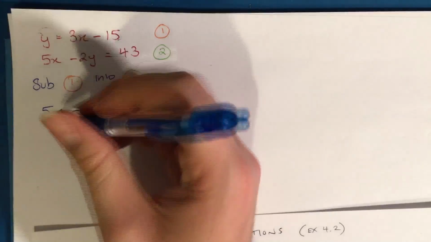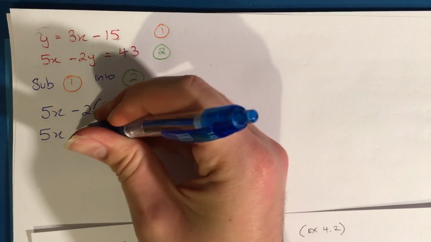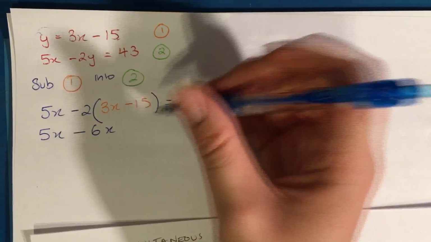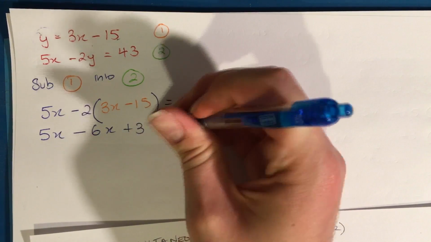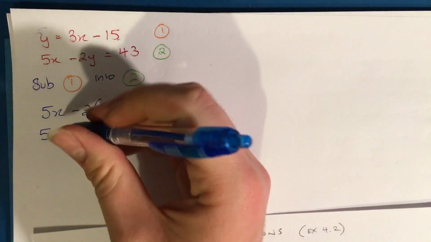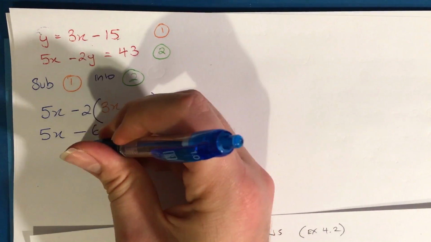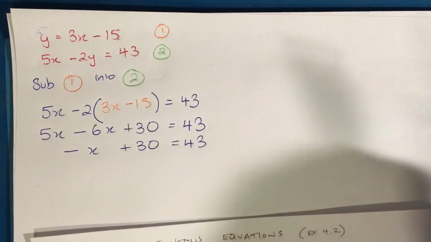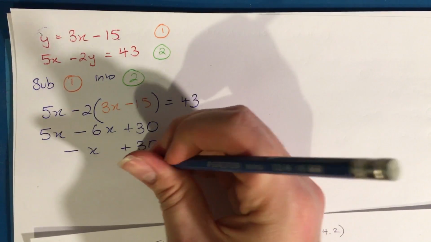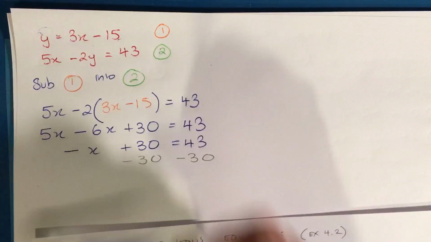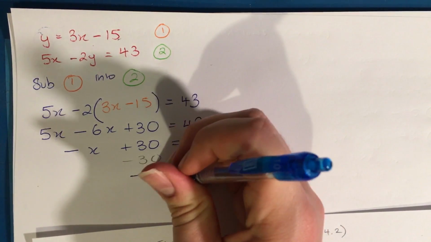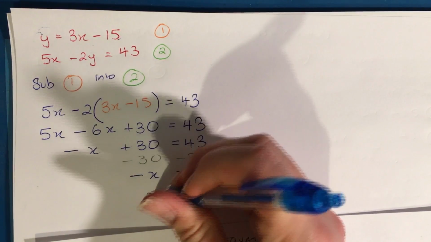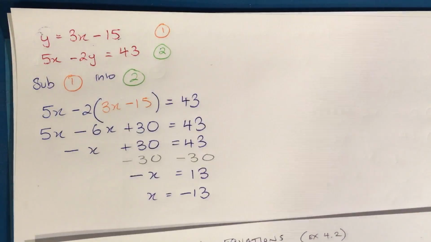So, let's go and see. Minus 6x. -2 times -15 is going to make that positive 30. 5x take away 6x is just -x plus 30 is equal to 43, or minus 30 from both sides. -x is equal to 13. x is equal to -13.